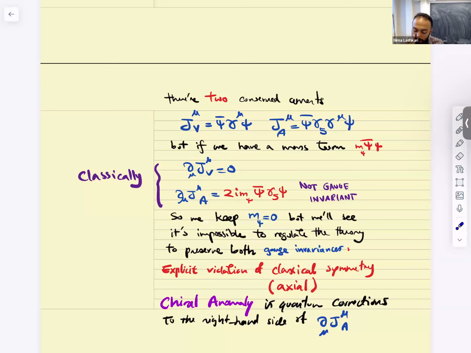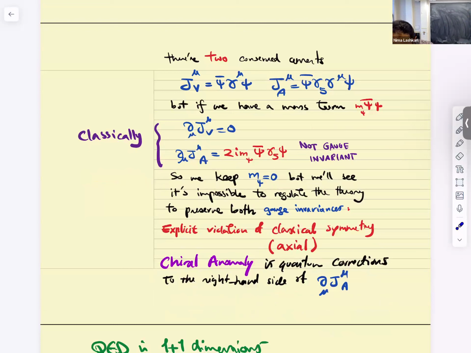Del mu j mu is 0. Now when you say del mu j mu, if there is an anomaly, what is the dimension of that object? It will be d. The would-be anomalous term has the dimension of an energy density. Classically, the conservation laws, or the Ward identities, are these 2.